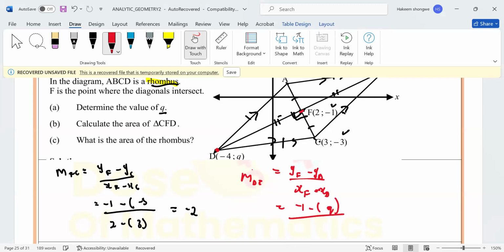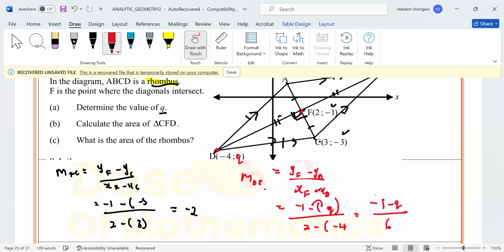All over, yeah, this is Q. We also have all over 2 minus open bracket -4, like this. And then what you get as your answer for this? Close bracket. So you're going to have a negative and a positive, agree? So you're going to have -1 minus Q all over 6, like this.